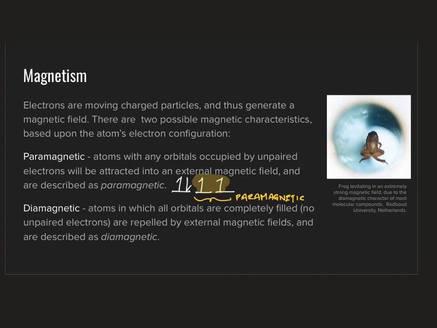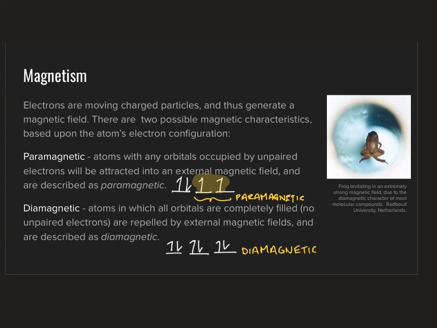The opposite condition of paramagnetism is atoms that are referred to as diamagnetic. A diamagnetic atom is an atom in which all of the orbitals are completely filled with electron pairs. That is to say that there are no unpaired electrons present in the electron configuration for the atom.